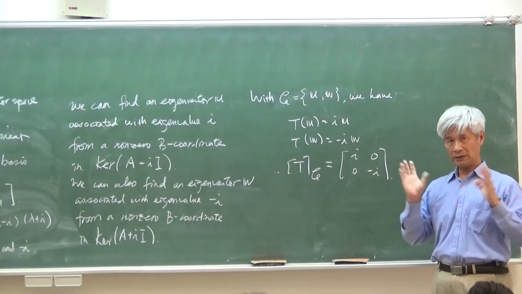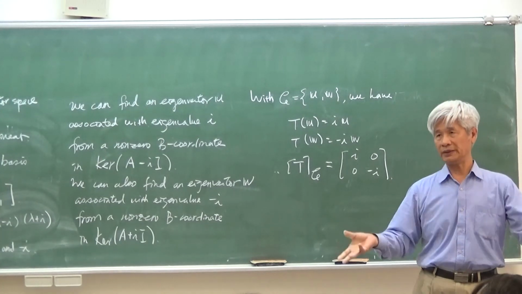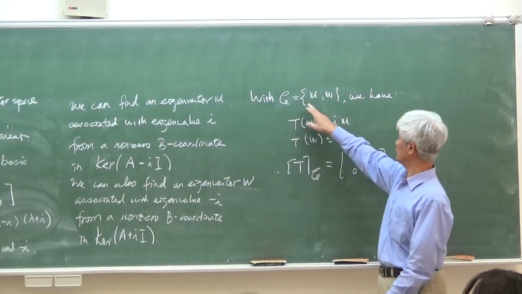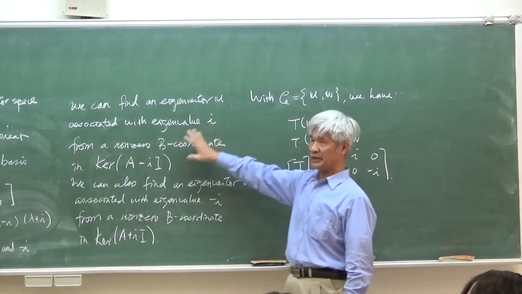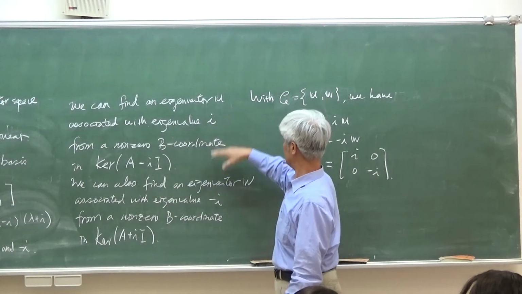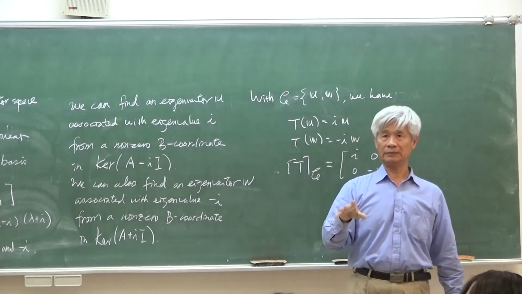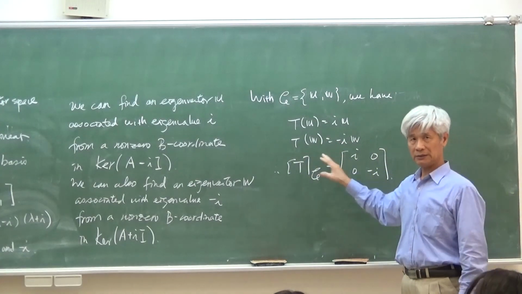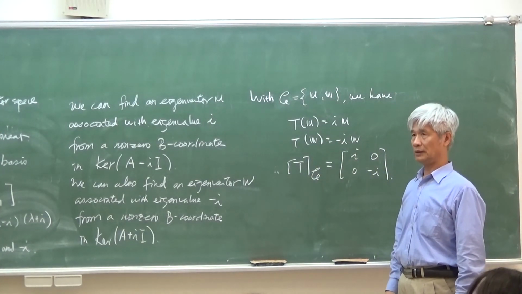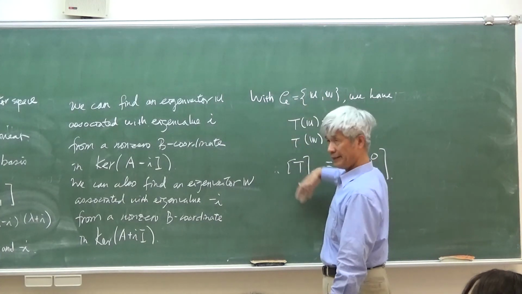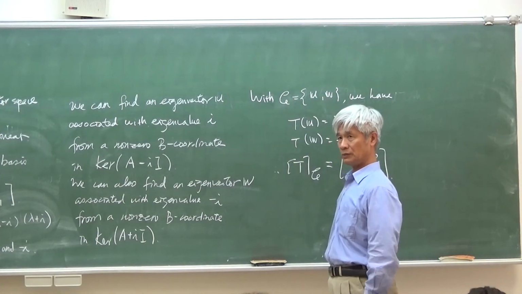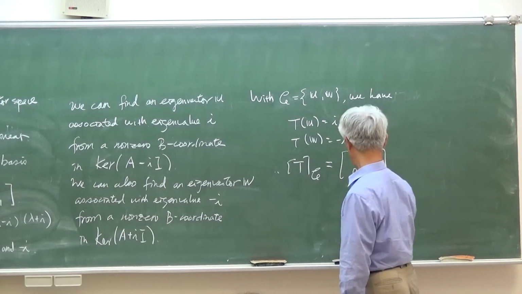So now you have a complex diagonal matrix representation of T relative to these vectors. Please find the U and the W at home, because I have no time to do it here. But you can always do it, no problems at all.